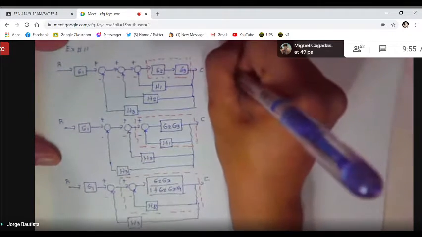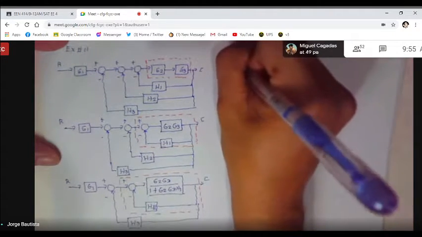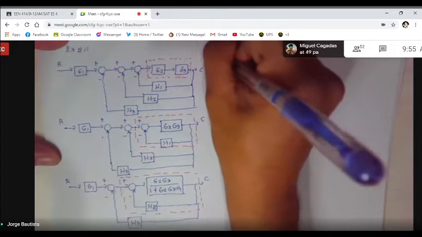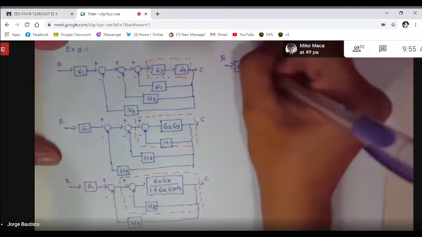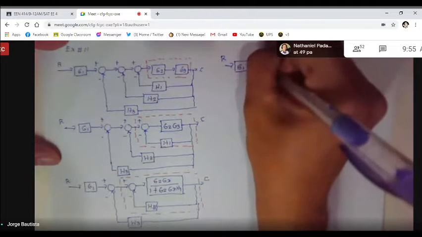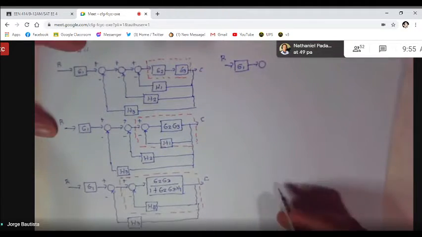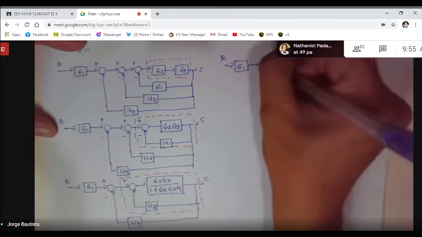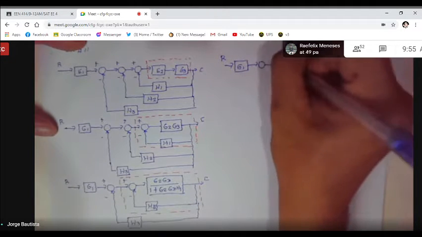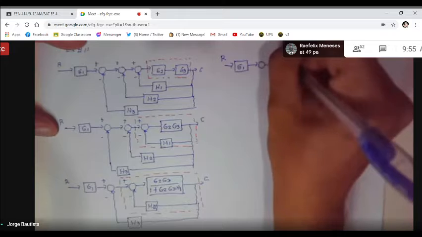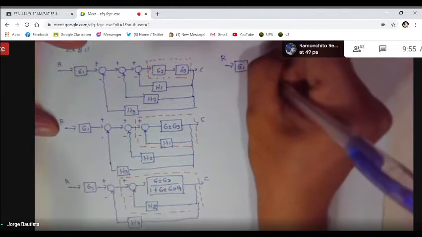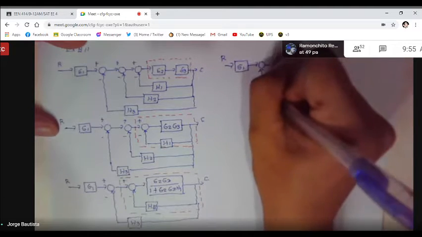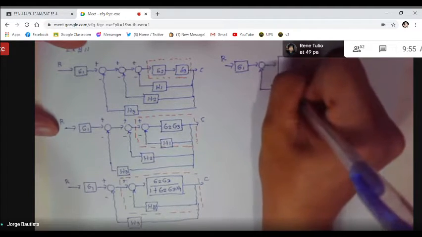So you have R, R pala R. So ito yung G sub 1. Then meron kang summing point. Okay? And ito, no? Can be represented as a block. Maliit na lang. Ayan. So, ito bali yung H3.